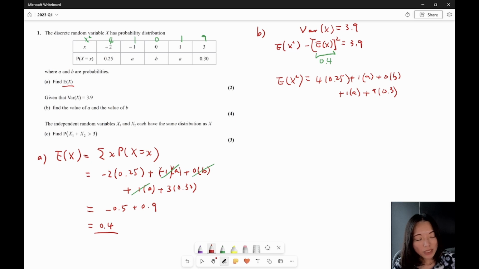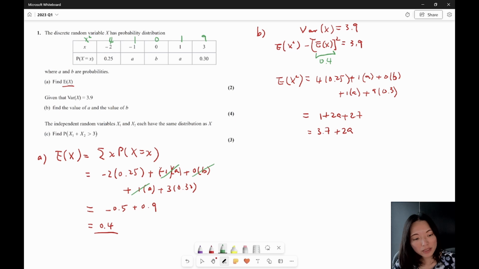You'll notice that I've written out terms that I know will sum up to 0, just so I'm being complete here in our answer. So the answer is 1 plus 2a plus 2.7, so that's 3.7 plus 2a. So that's the expectation of x squared.